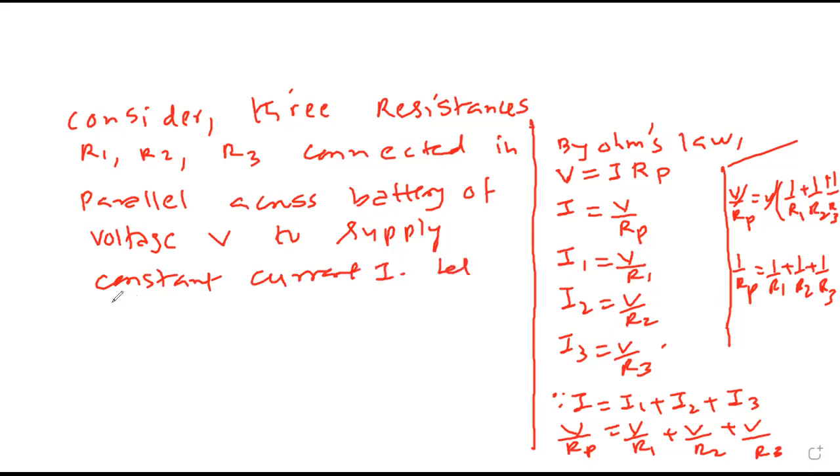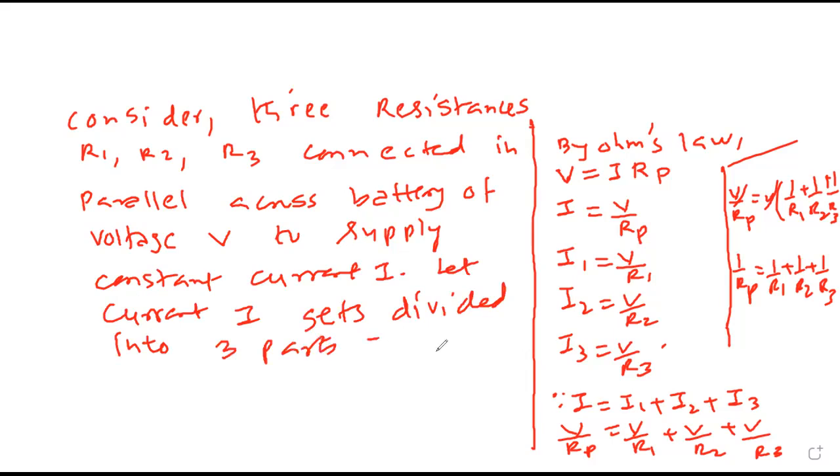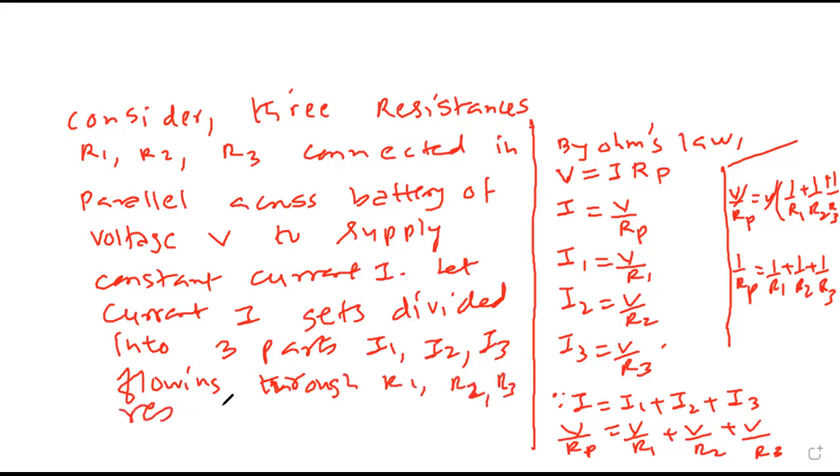Let current I gets divided into 3 parts I1, I2, I3 flowing through R1, R2, R3 respectively.